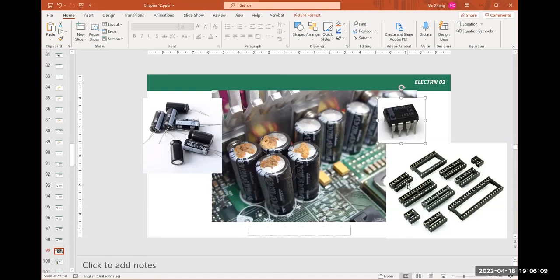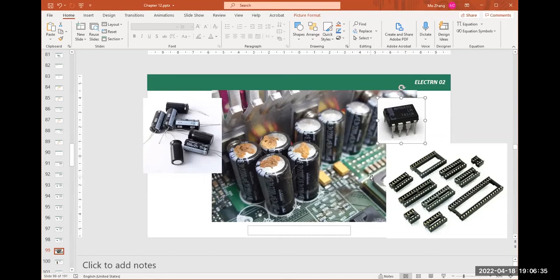This is called a socket, the chip socket, the IC chip socket. So solder this on the board, and once this is completely soldered, then insert the chips on top of the socket, and then it works. Another good thing about using a socket: let's say for any reason this chip is broken, we can simply unplug it from the socket.